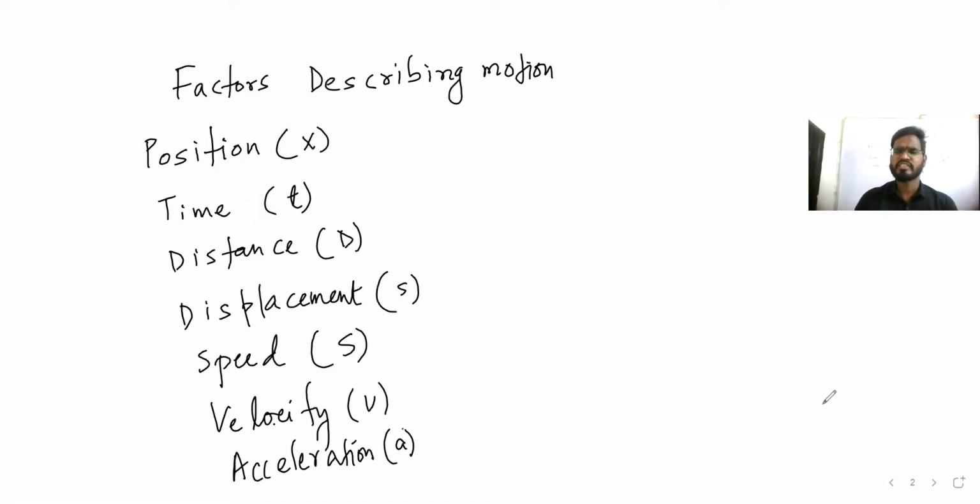Position is represented by x, time by small t, distance by capital D, displacement by small s, speed by capital S, velocity by capital V, and acceleration by A. So these are the things we are going to see.